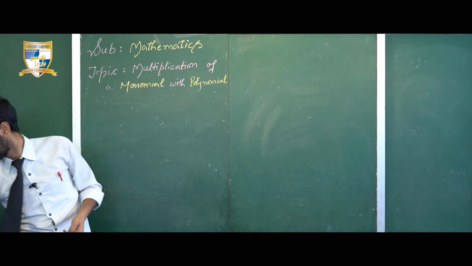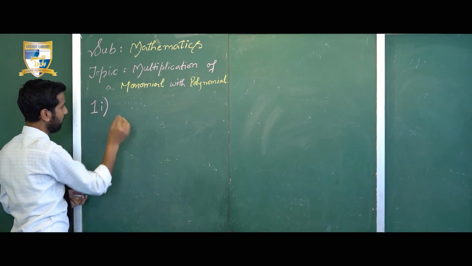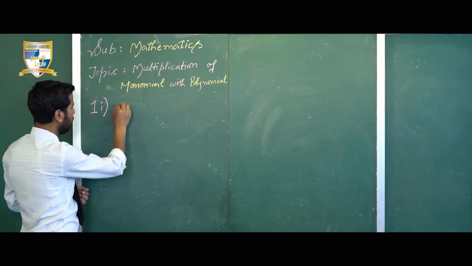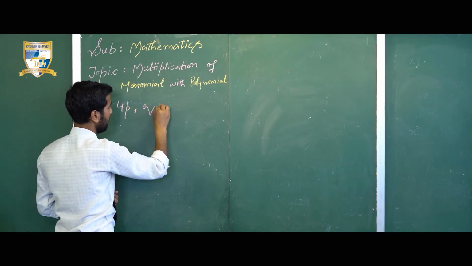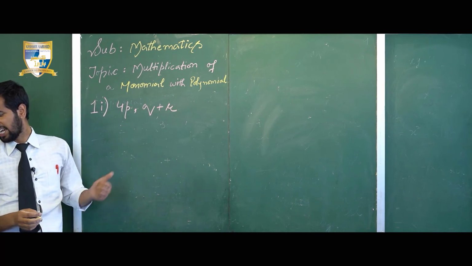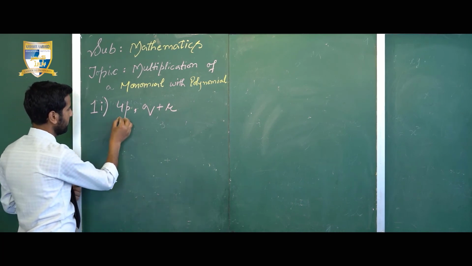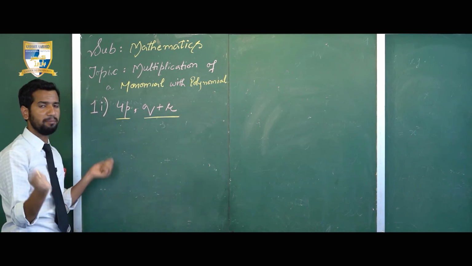So let's start. Question number 1, part number first. It is 4p, comma q plus r. So the question is, carry out the multiplication. This is a monomial here and this is a binomial, multiply them.